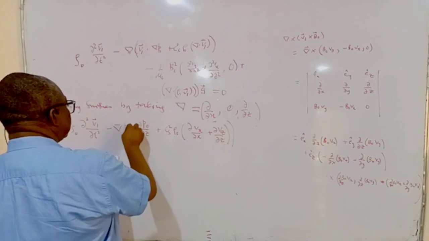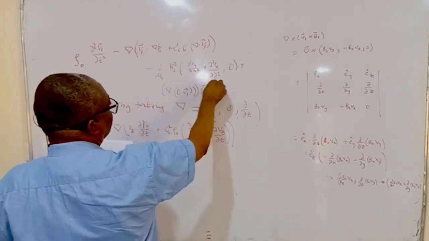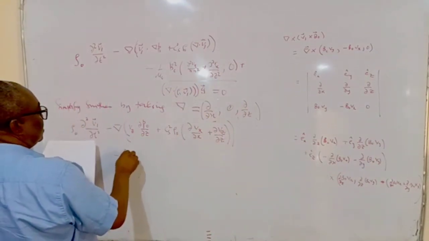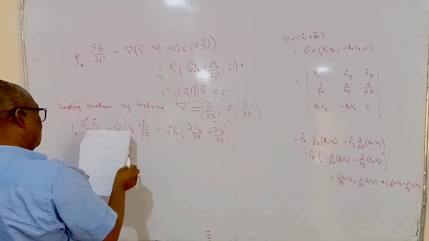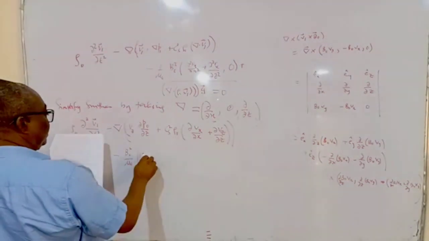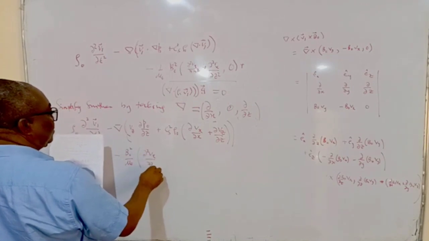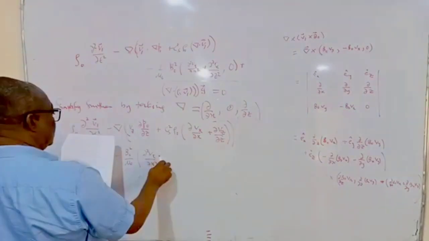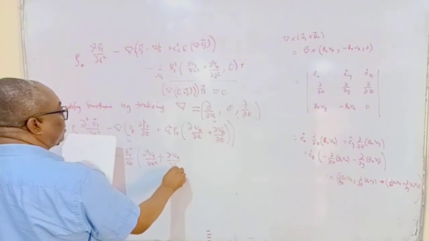Now the next thing you will have is from here. We will take this now. That should be able to give me minus B naught squared over mu naught. What I am going to have inside should simply be partial squared vx by partial x squared plus, let us not forget, partial squared vx by partial z squared.